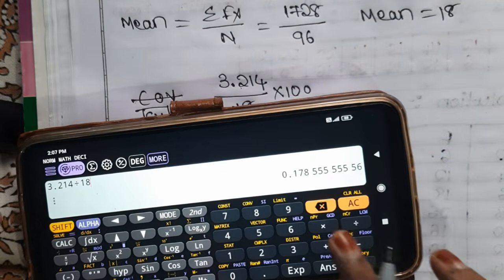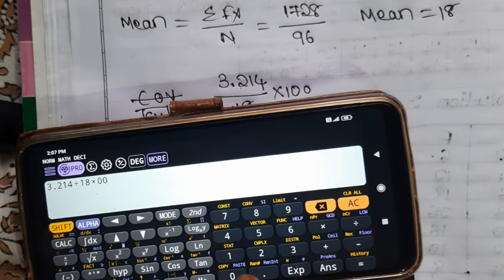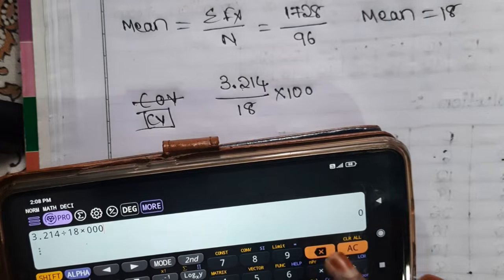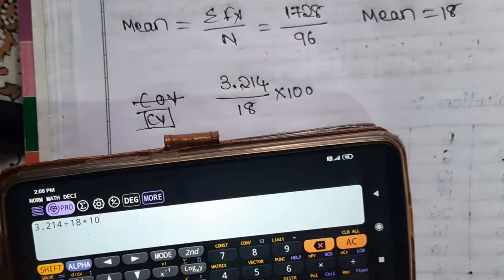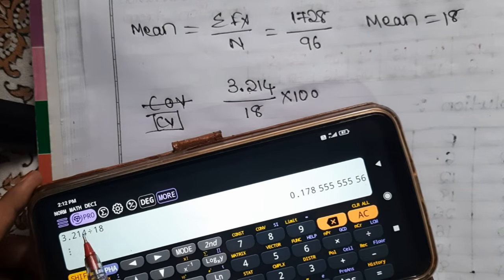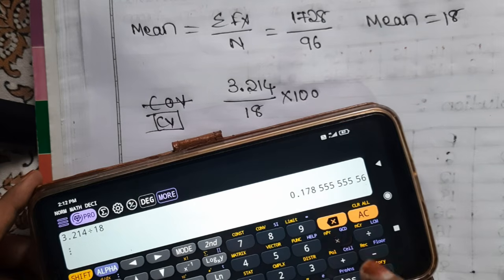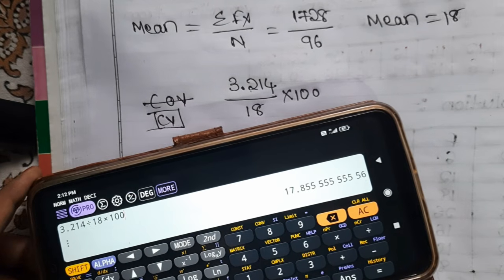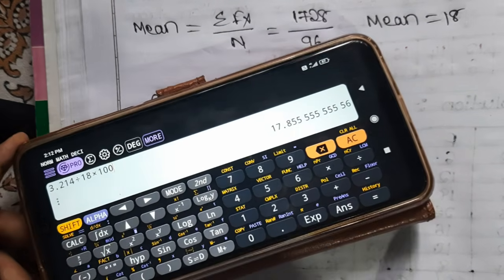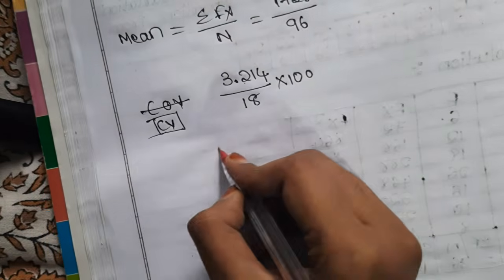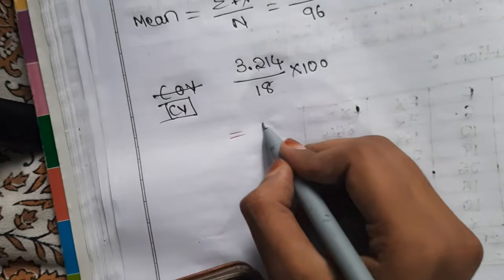Let us do it: 3.214 divided by 18 into 100. How much is it? It is 17.85.